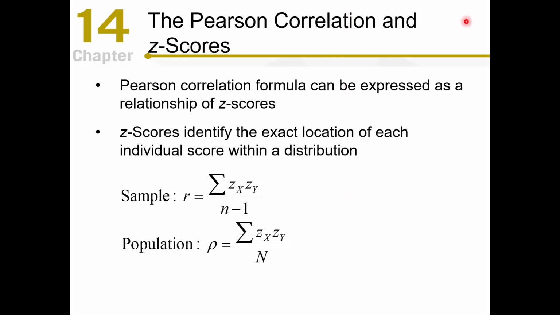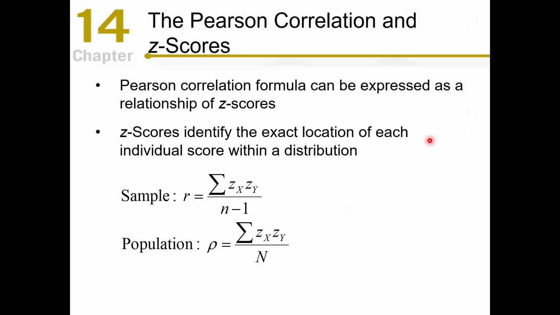So when you think about correlation, what we've been doing, correlation is also related and can be expressed as a relationship among z-scores. Why? Because for every x value and every y value, there is a corresponding z-score. We talked about knowing the location of your score and how it relates to the mean and to other people in the distribution.